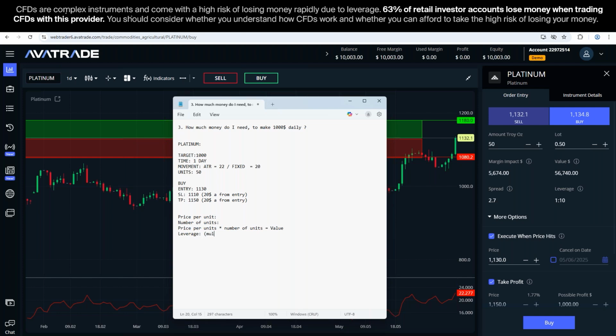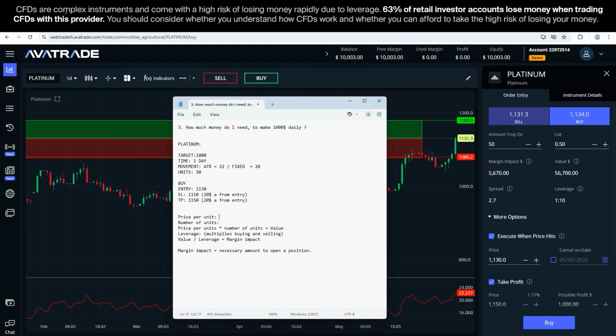What leverage does is it multiplies buying and selling. And since we are multiplied by 10, with the same logic, I can just divide the value by the leverage to know how much I need. So we can go value divided by leverage equals margin impact. And margin impact is the necessary amount to open a position.